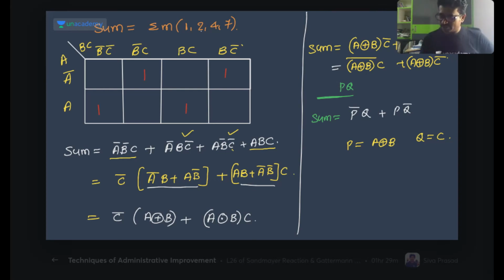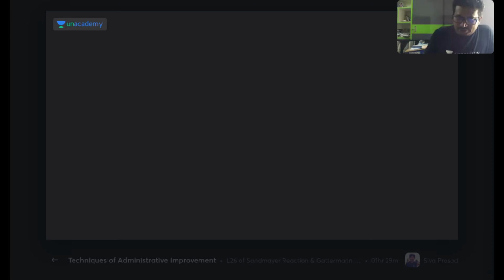Done like this. Now let's talk about carry. The carry we got is sigma m of 3, 5, 6, 7. Now try to minimize these terms.